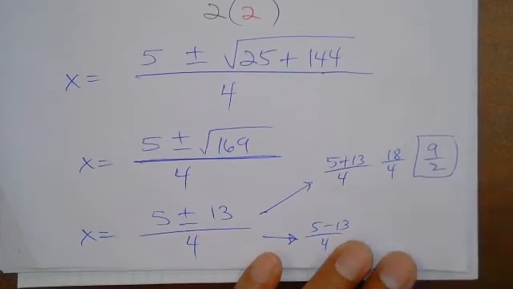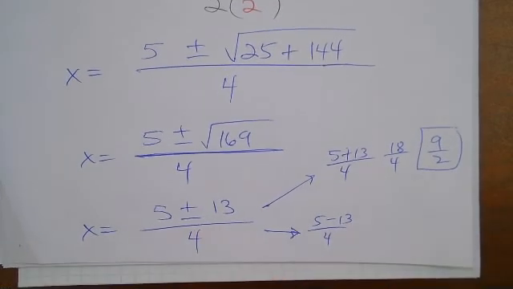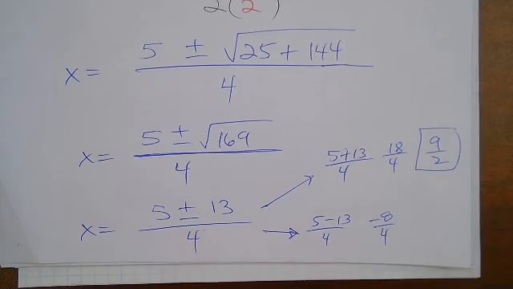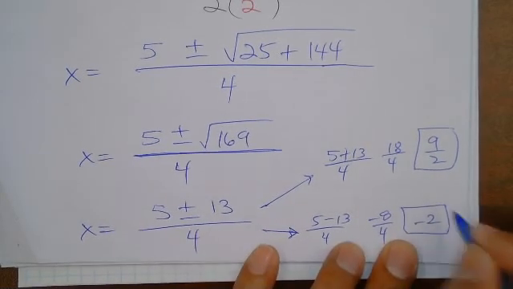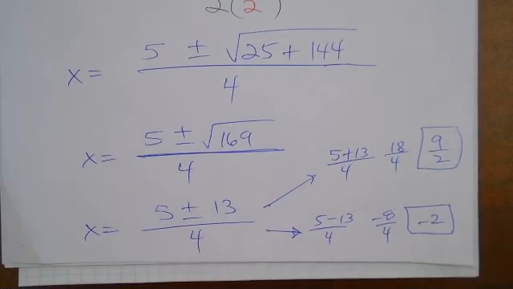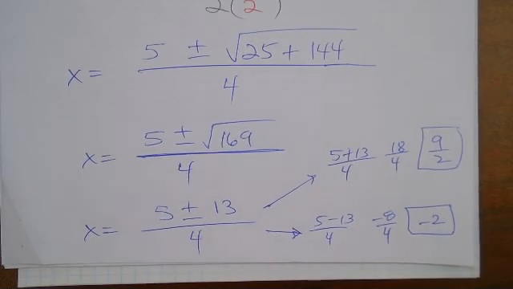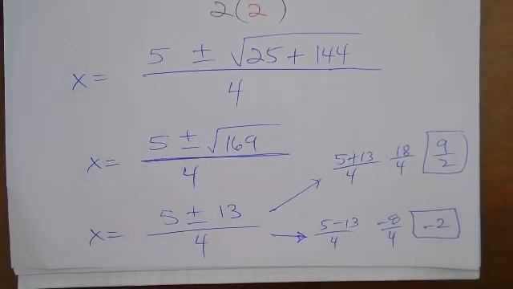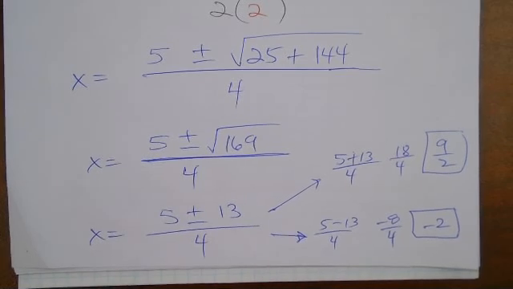And the other one says 5 take away 13 divided by 4. This is going to be 18 over 4. That can reduce to 9 over 2. Thank you. And this is negative 8 over 4. Oh, this is going to give me a nice negative 2.